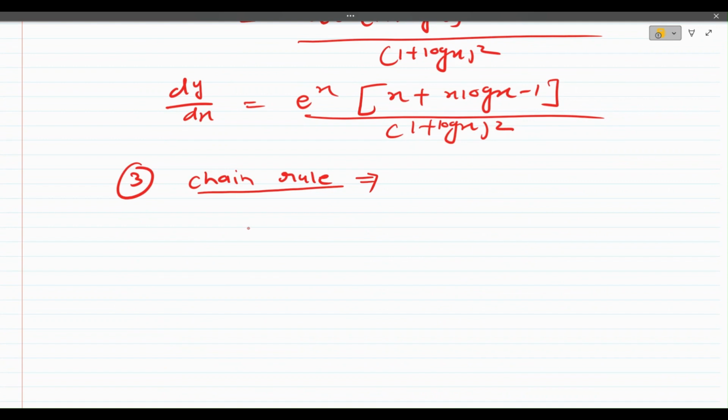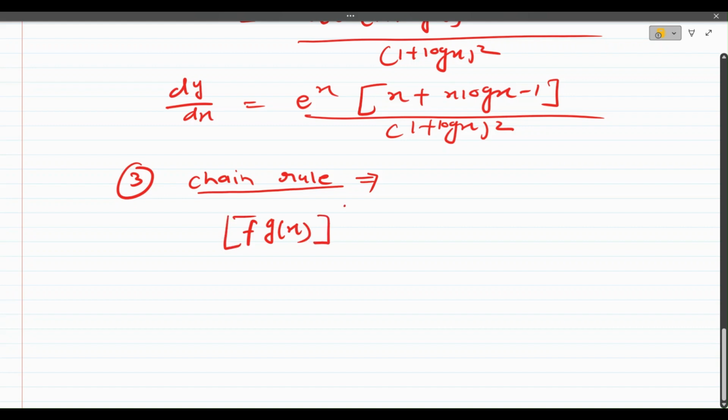So if we have a function f of g of x, the differentiation of such a function would be: we first differentiate f of g of x times, and then we differentiate g of x, then we find the derivative of g of x.